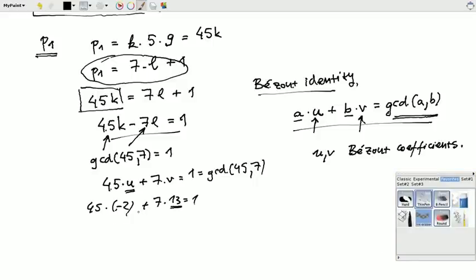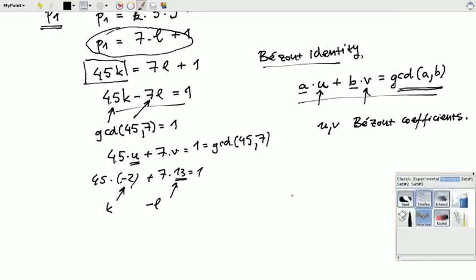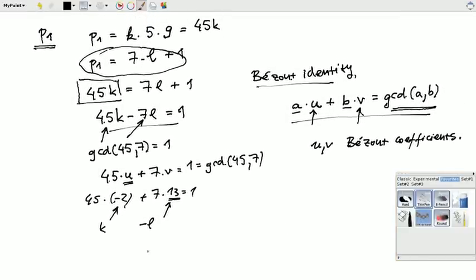Aha, I see. I did a sign error, because actually from this equation you can see that this is K and 13 isn't L, it's minus L, because we wanted a minus sign before L. Okay, so P1 is equal to K times 5 times 9 is equal to K times 45 is equal to minus 2 times 45 is equal to minus 90.